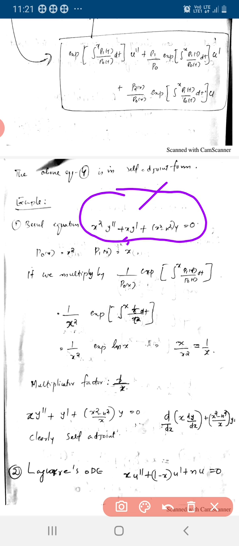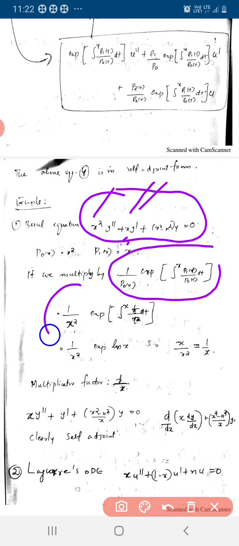So if we multiply this entire equation with this 1 by P0 of x exponential integral x P1 of t by P0 of t into dt. Here P0 of x is x square, P1 of x is x. So 1 by P0 of x is 1 by x square. Exponential integral: P1 of x is x, so P1 of t is t. P0 of x is x square, so P0 of t is t square, dt.